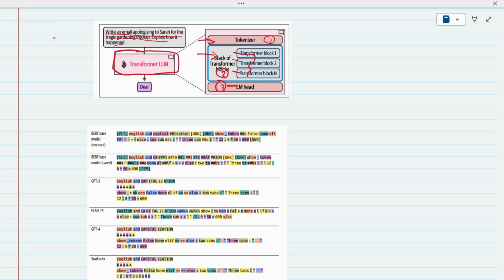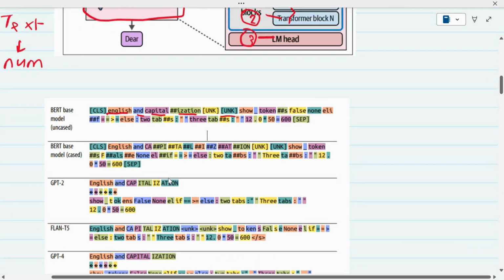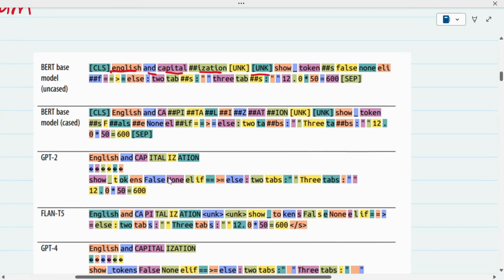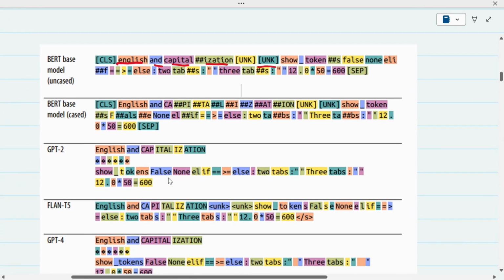For converting text to a numerical format, we can use a tokenizer. The tokenizer breaks the whole sentence into multiple small tokens. You can say words or subwords, so that we can process those words.